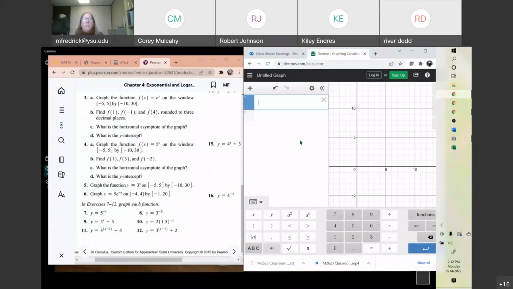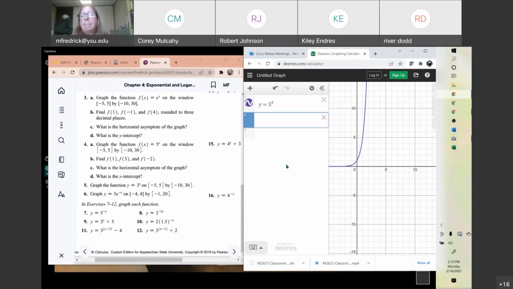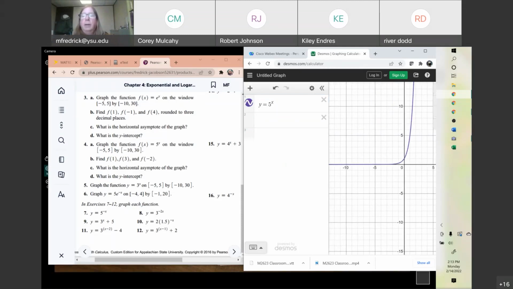So to graph these, for number 7, let's do the positive first so we could see what it looks like, and then we'll do the negative and see how it changes it. If we have y equals 5, now to do your exponent, you use a caret. The caret is where the 6 is, so shift and hit the 6 button, and it brings it up, and then we'll put an x. And there's our graph.